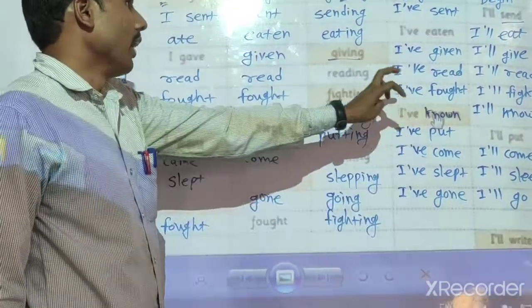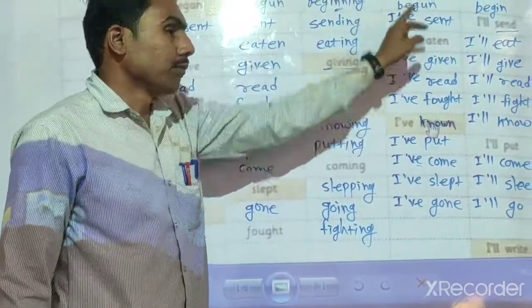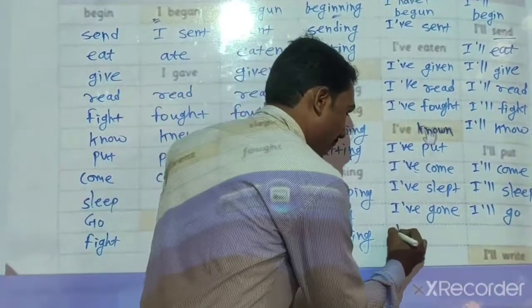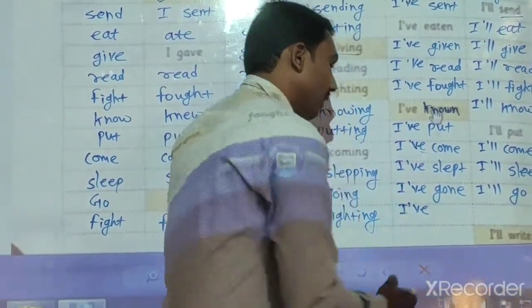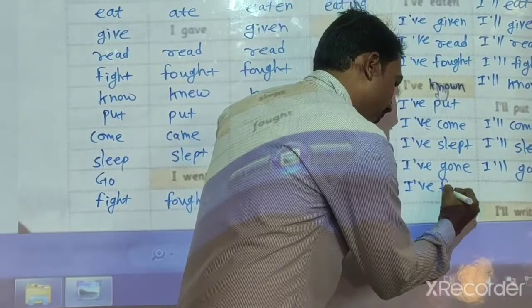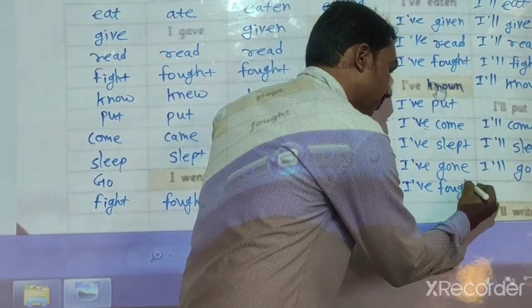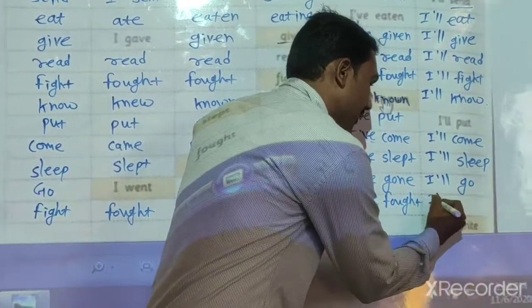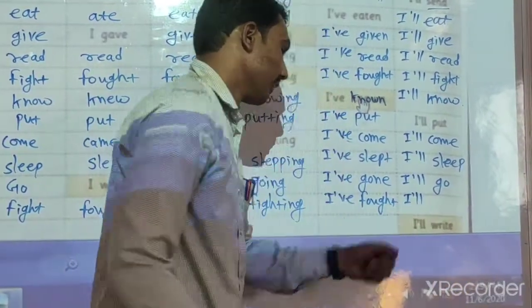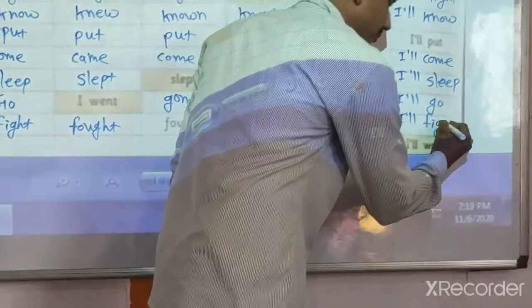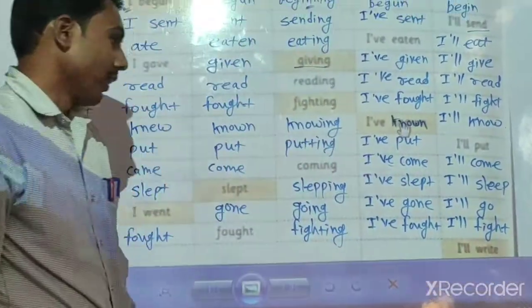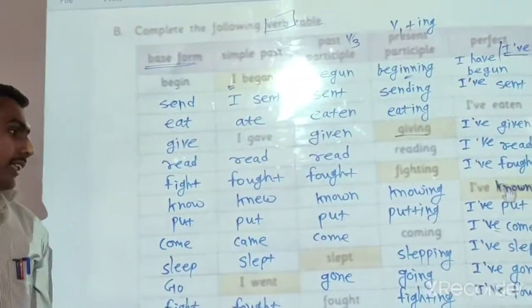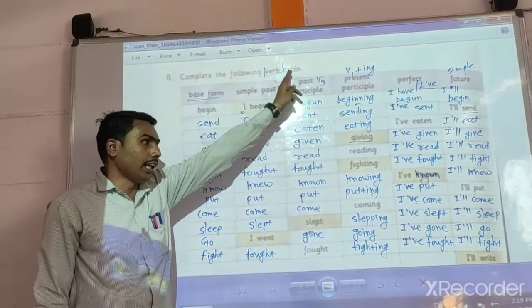Then you want to add here, okay, present perfect tense. I have found, and then simple future. I shall or will, both are correct. Find. First form. In this way, you can complete this chart, verb table.